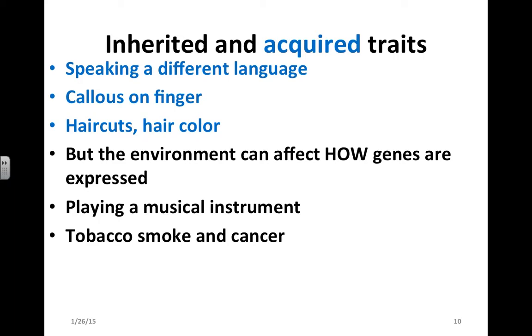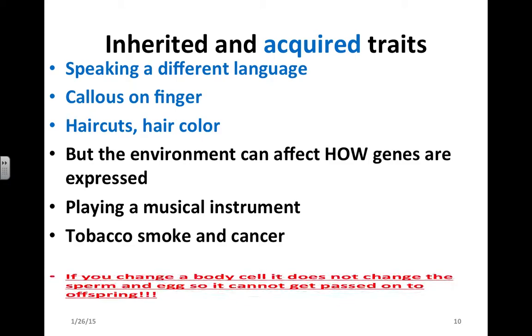On the other hand, we have people who have developed lung cancer that don't have the lung cancer gene. Why? Because the environment is now affecting how other genes are expressed, your good genes that say you have good lungs. Well, if you're going to put a bunch of cigarette smoke on top of them for a number of years, chances are increased that you are going to develop lung cancer.